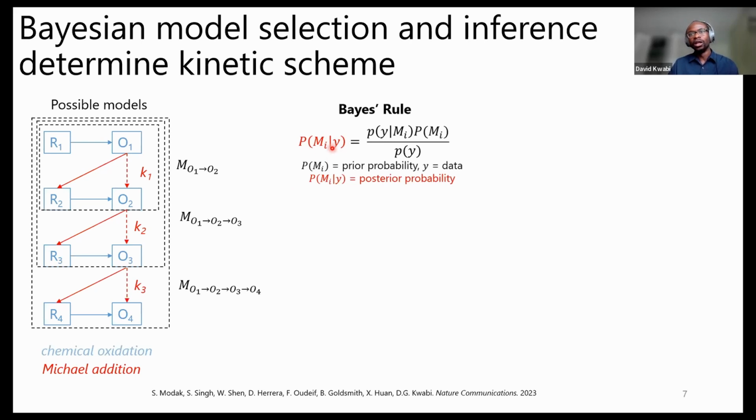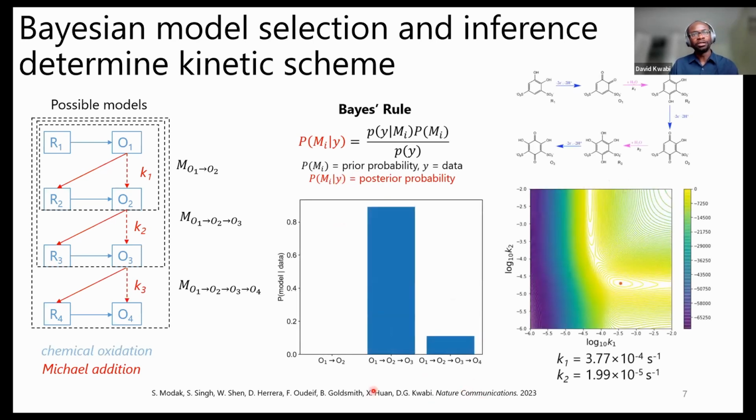Okay. So we went through this Bayesian inference protocol, which is what it's called, and we're actually able to compute probabilities for the three possibilities. You can actually read more about it in this paper that I just released a few months ago. But the upshot here is that the model with two transitions was the most likely of the three that we considered.